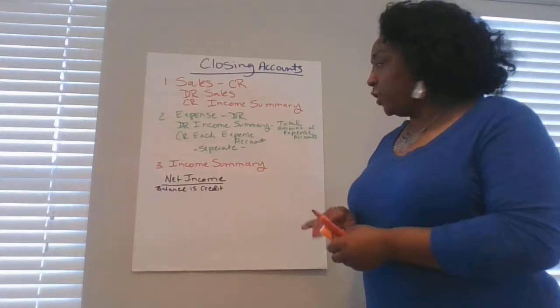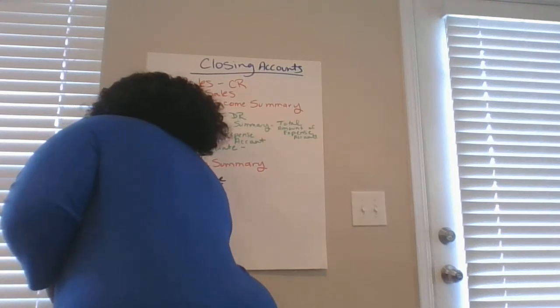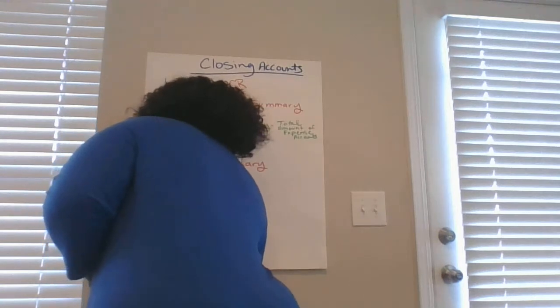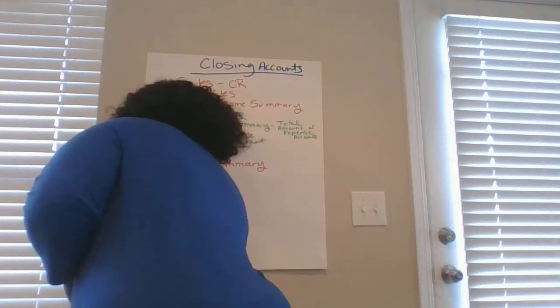So how does that journal entry look? It looks like this. We would debit income summary and credit capital.